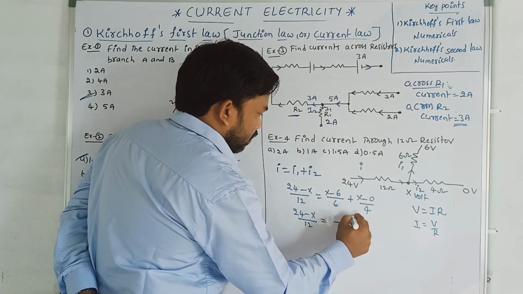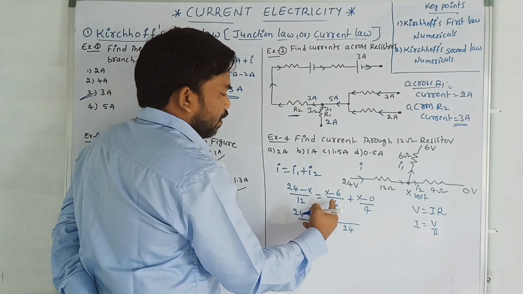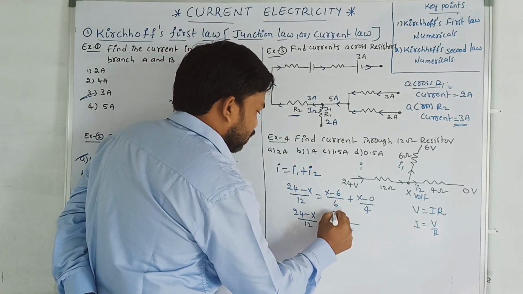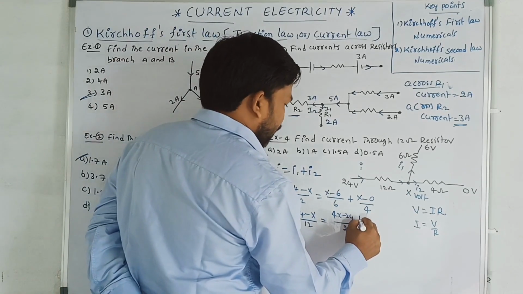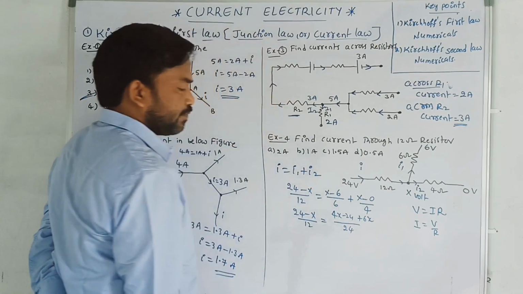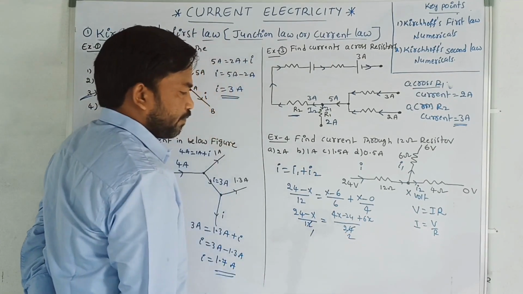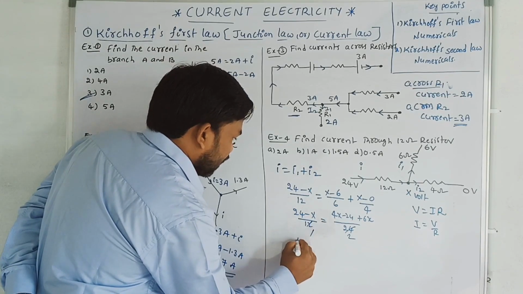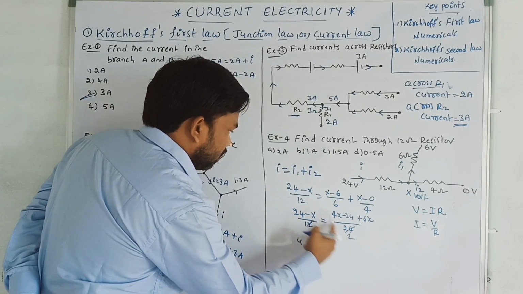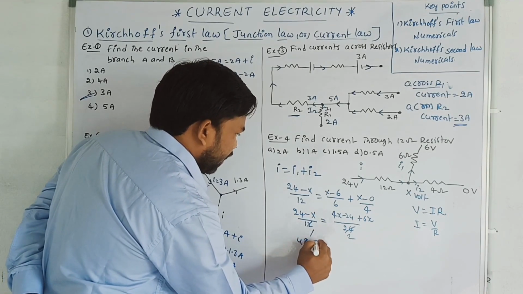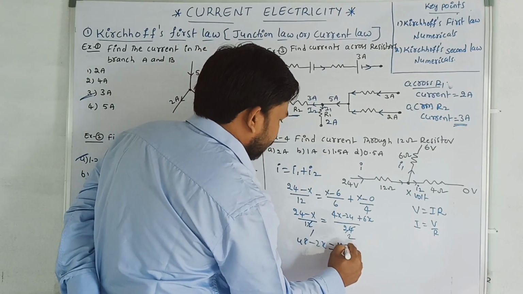24 minus x, and this is 4x minus 24 plus 6x. Now, if you do cross multiplication, this is 48 minus 2x is equal to 10x minus 24.